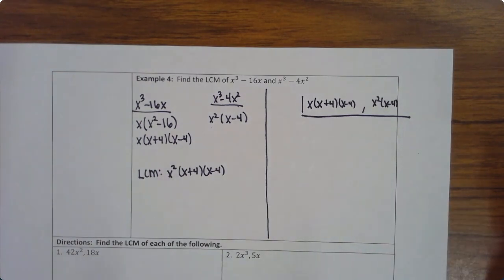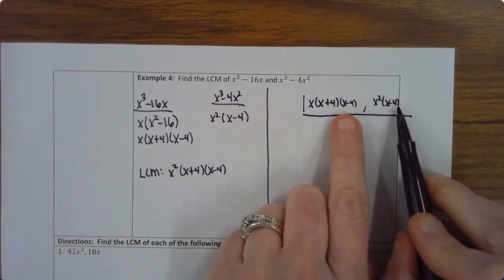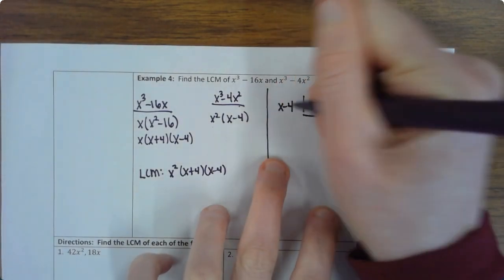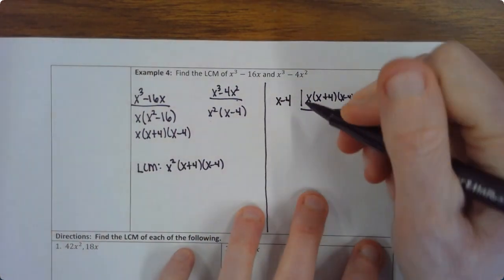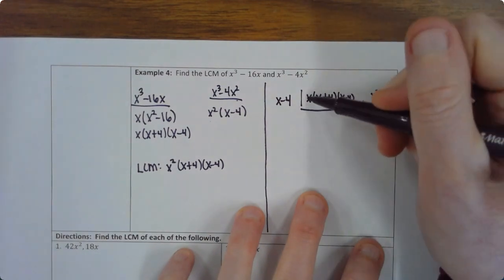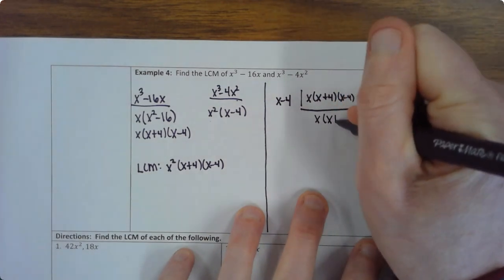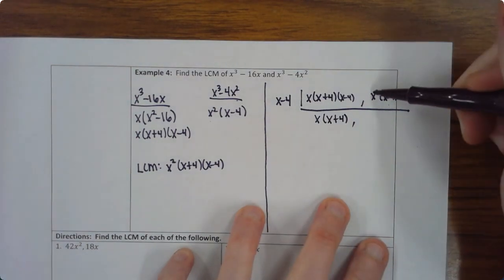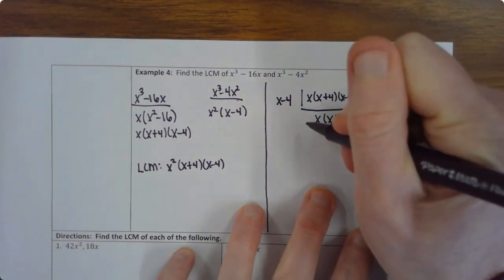So if I wanted to use the cake or ladder method, I might notice first that they both have a common factor of x minus 4. And maybe I would just start by taking that out. And if I take just that factor of x minus 4, I'll be left here with the x and the x plus 4. But then over here, I'd still be left with that x squared.